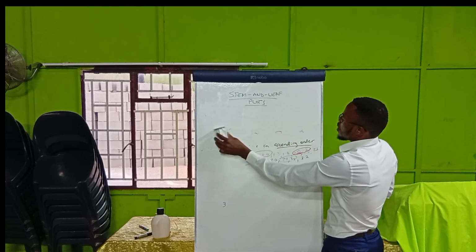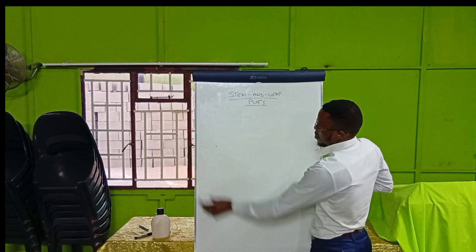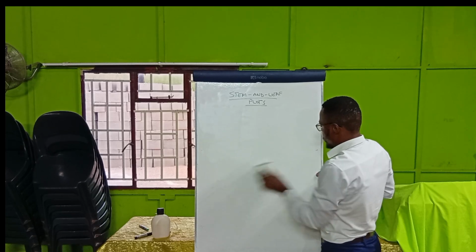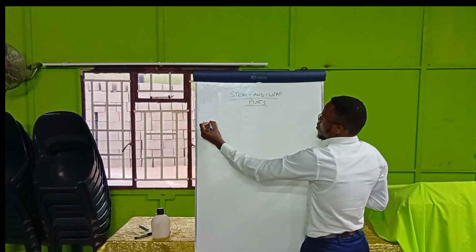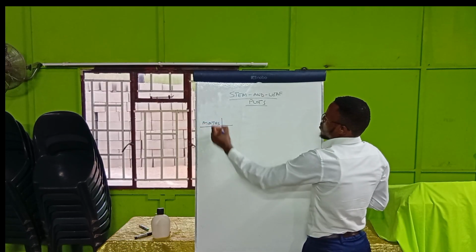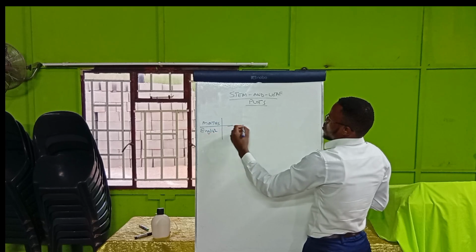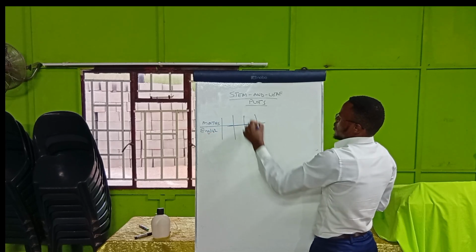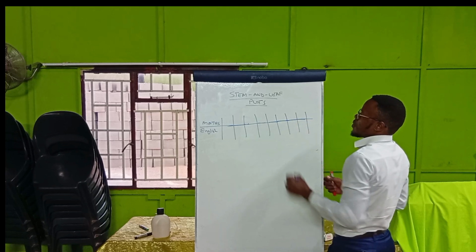I'll write some numbers, test marks to show the performance in two subjects. So let's say we've got mathematics, and then we've got English. We've got these different marks, and we want to show their performance in a stem and leaf plot.